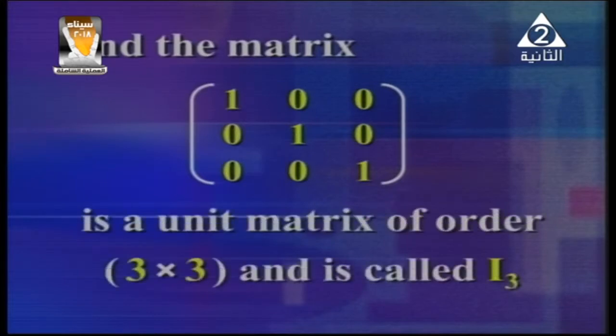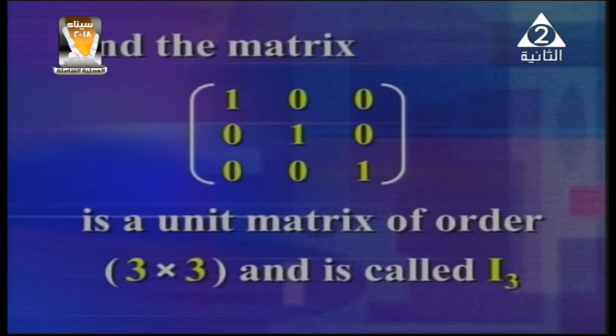The matrix 1 0 0, 0 1 0, 0 0 1 is also a unit matrix of order 3 times 3. It is called I3.